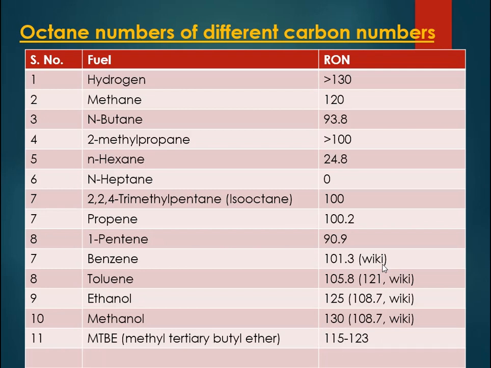So basically, what we understand from this table is that when carbon number increases, octane number decreases. Oxygenates have very high octane number, and aromatics have high octane number compared to paraffins. When branching increases, octane number again increases.